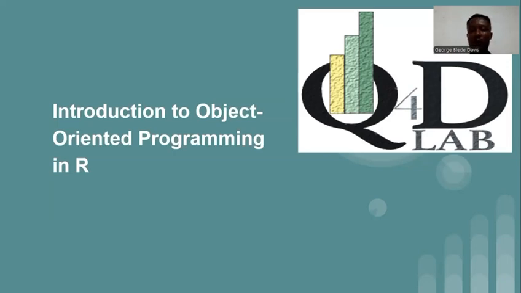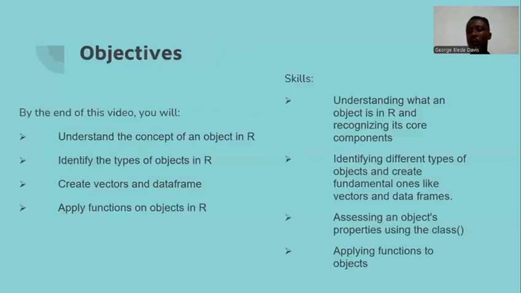Today, we'll be discussing R as an object-oriented program. By the end of this presentation, you will understand the concept of an object in R. You'll be able to identify the type of object, especially the basic types of object we use, like vectors, data frames, and functions.